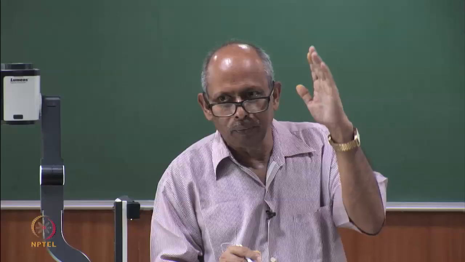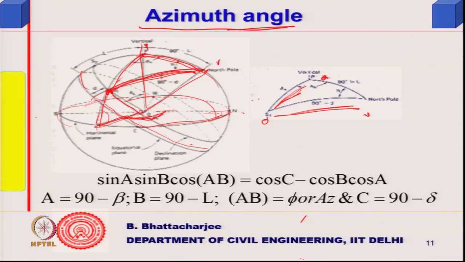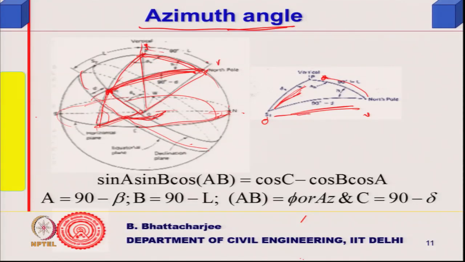North pole to the vertical is 90 degree minus latitude, this is 90 degree minus delta, and this is my zenith angle.